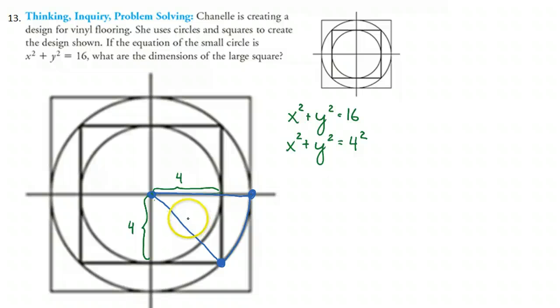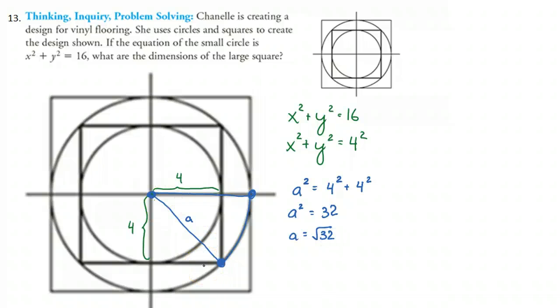Let's call this A. Now let's go with the blue color just to be consistent. So A squared is equal to 4 squared plus 4 squared. So A squared is equal to 32, therefore A is equal to root 32.